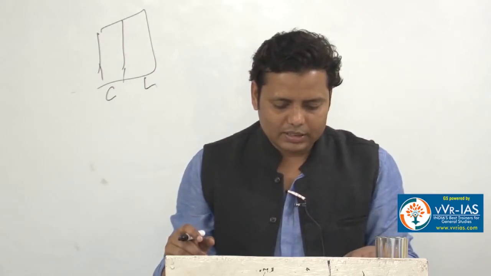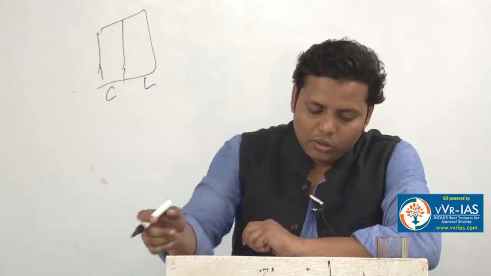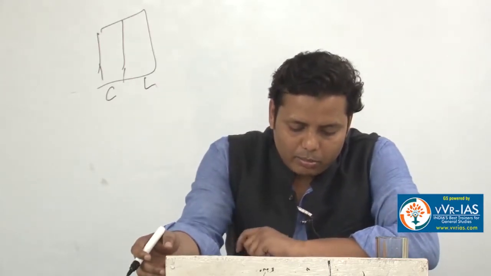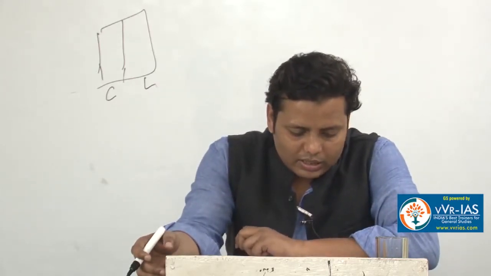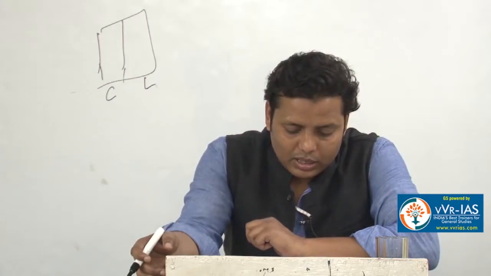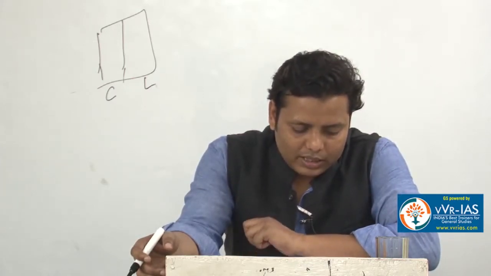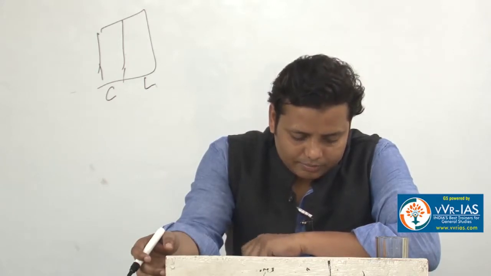So statement number second is not correct. Third, in lower towns several buildings are built on platforms which served as foundations. That is also correct, right? So first and third are correct. So the answer will be C.